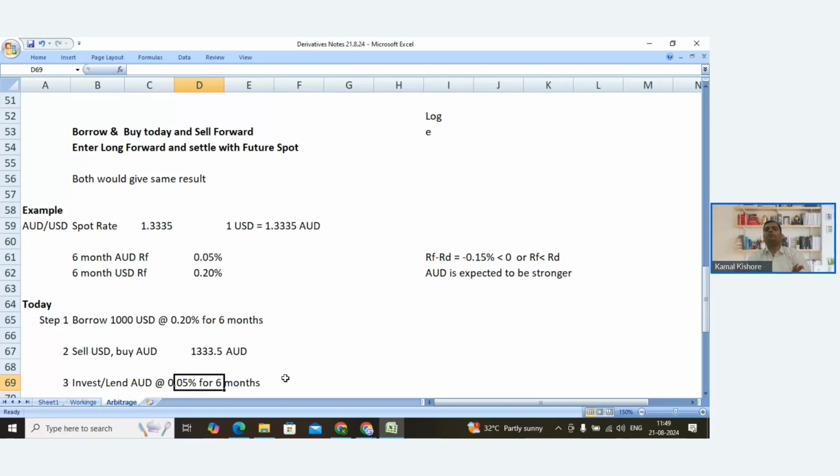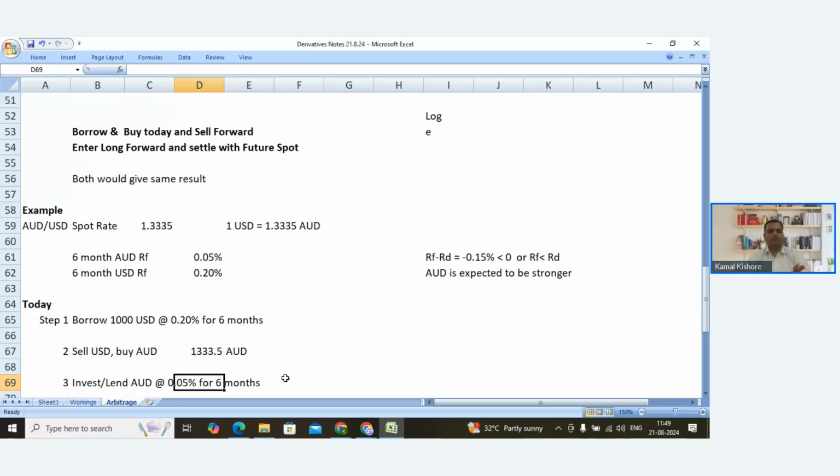How did you get that number? That is today's rate. That rate is not given.